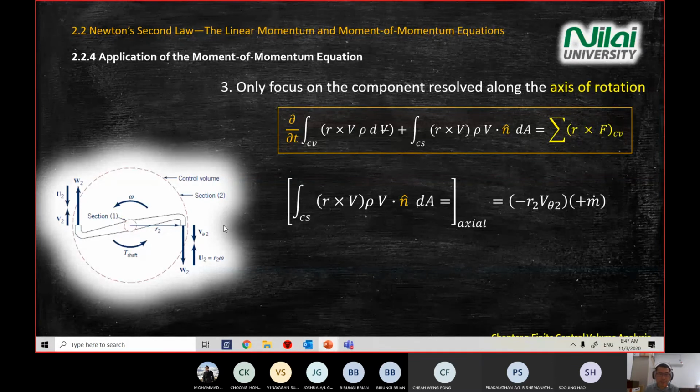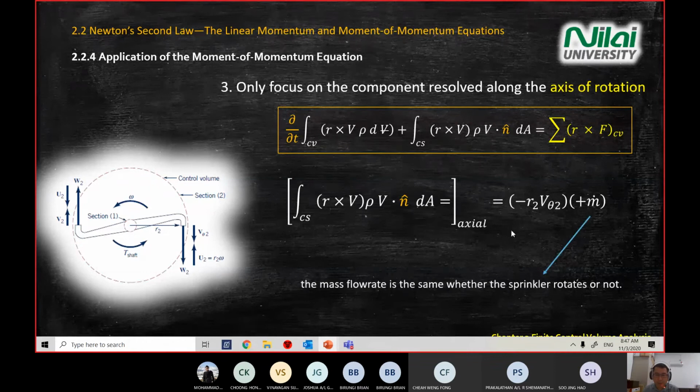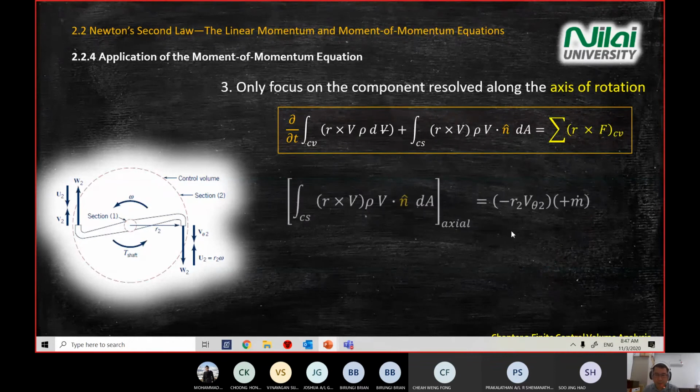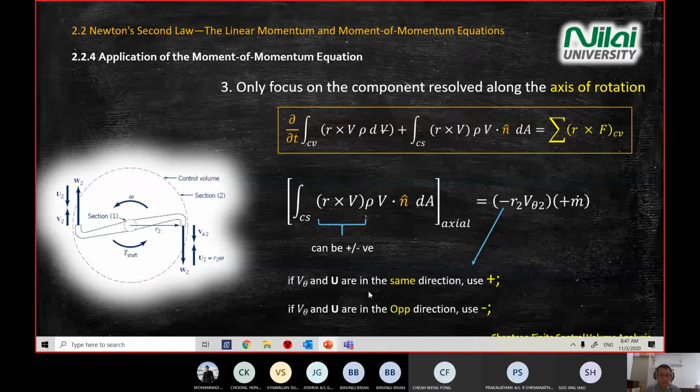Why is there a negative sign here? Because the flow is coming in at R2, negative. So these are the notes for why sometimes we use positive and negative.